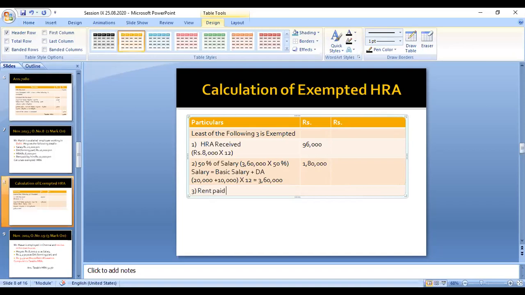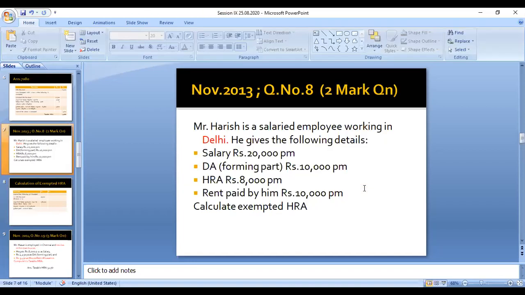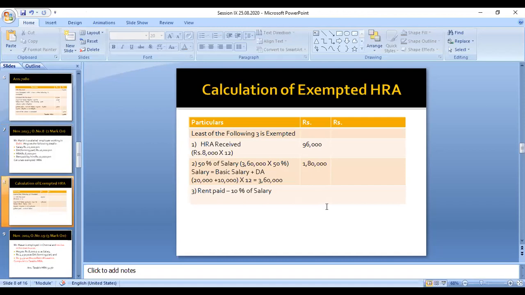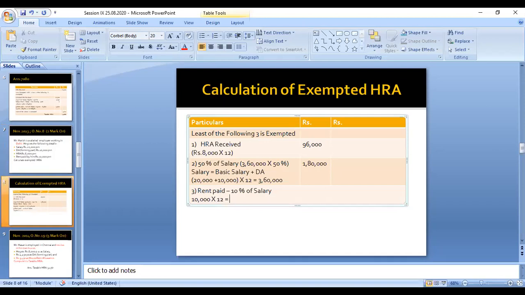Rent paid minus 10 percent of salary. So what is the rent paid? The rent paid amount is given as 10,000 per month. So rent paid is 10,000 into 12, that is 1 lakh 20,000. Then 10 percent of salary.